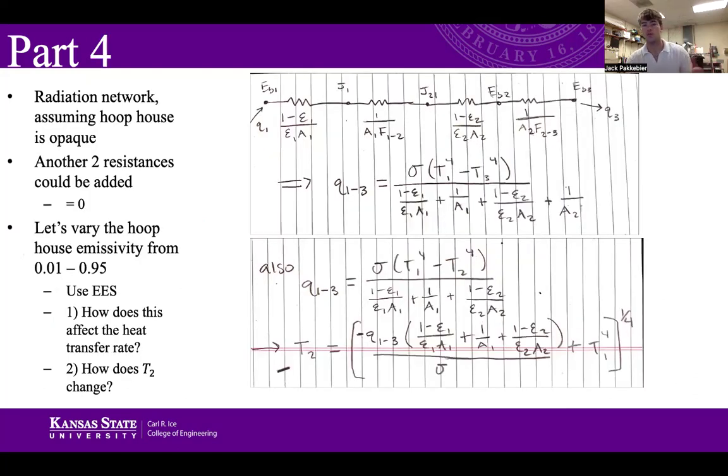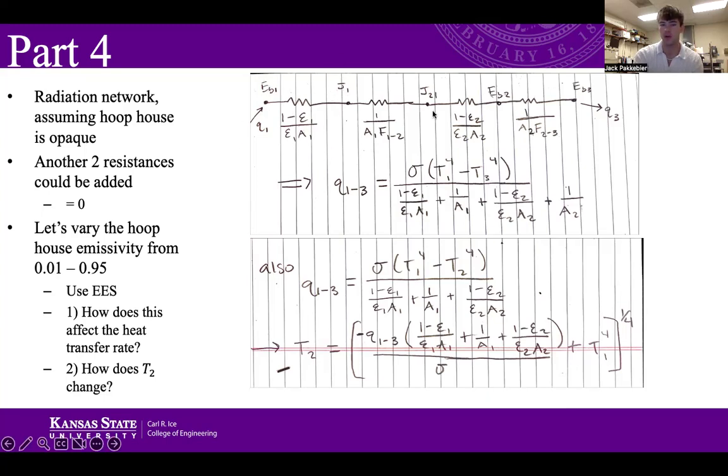So for part 4, we can use all the information that we've gathered so far to now try to solve for the heat transfer rate from the ground to the sky, now with the hoop house in place. So we're going to set up another radiation network, assuming the hoop house is opaque. As you can see here, we have the black body emissive power and the radiosity.